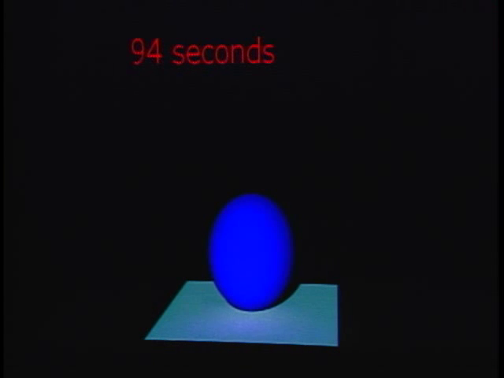You can't see it very well because the diffuse reflection is pretty faint, but this is using the ray tracer we did for homework 3, Monte Carlo sampling. This took 94 seconds. This is a 128 by 128 image. And using irradiance caching, it took it down to 19 seconds.